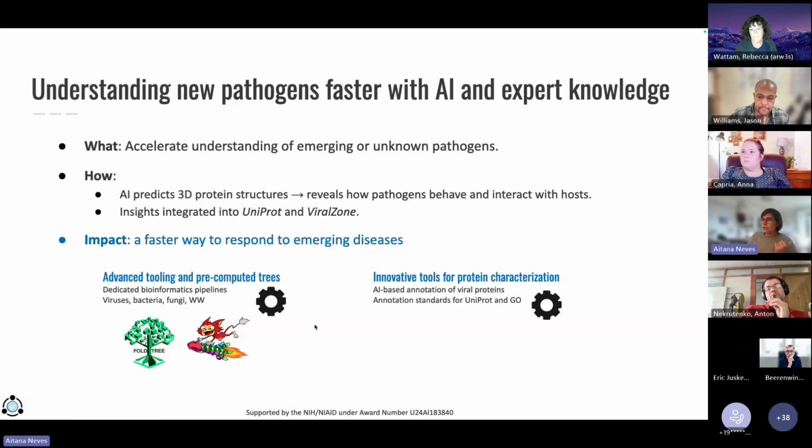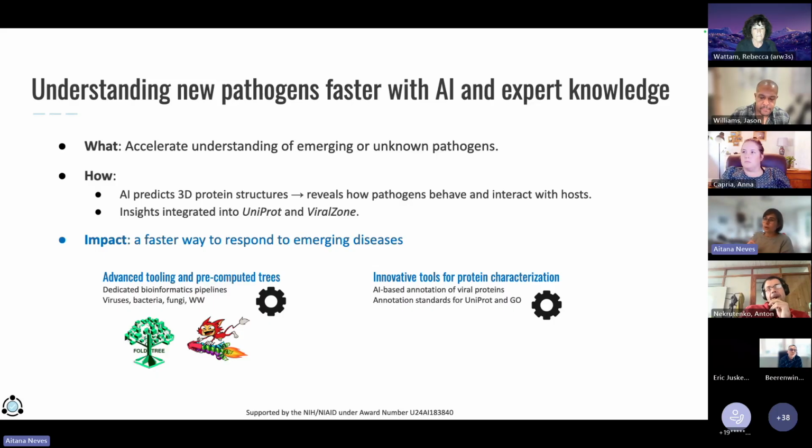There's also the idea to advance tooling, in particular regarding the computation of trees, both for viruses, with what is currently expanding Nextstrain, and also for bacteria, expanding tools like BEAST, that some of you might know as well.